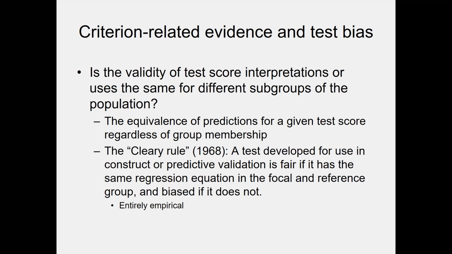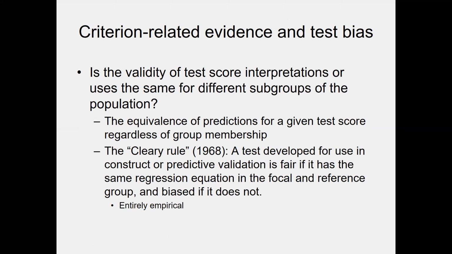So another reason that we look carefully at criterion-related evidence is because sometimes looking at simple test prediction can lead to misinterpretations due to bias in the relationship between the score and the criterion.